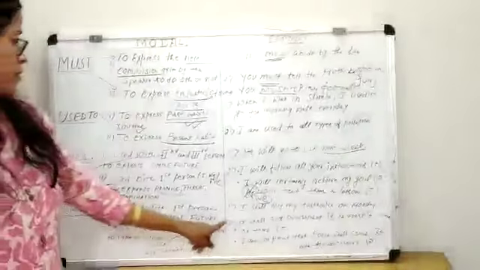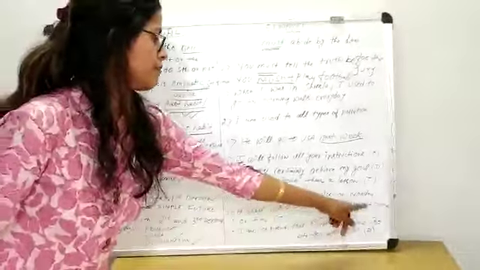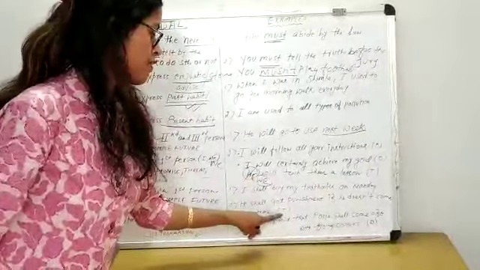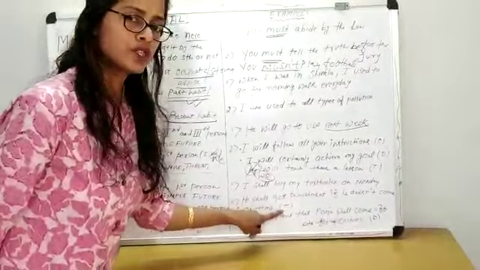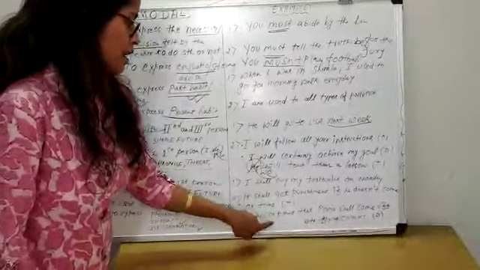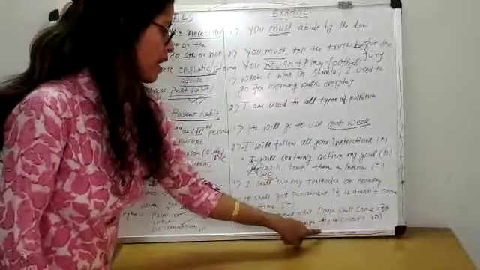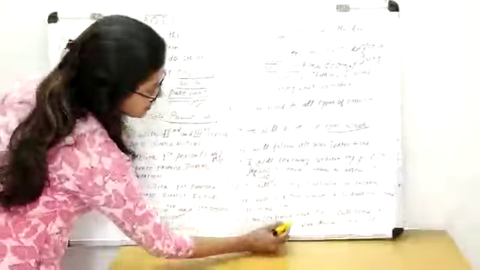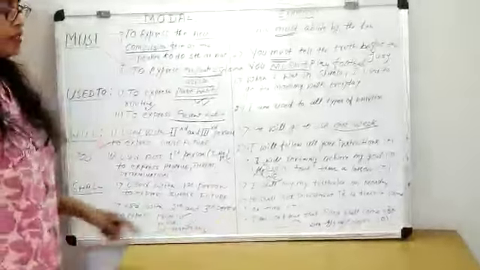He shall get punishment if he doesn't come on time. The statement is very clear and it shows that it's a threat. I am confident that Pooja shall come out with flying colors. Again, it shows determination on the part of the speaker.